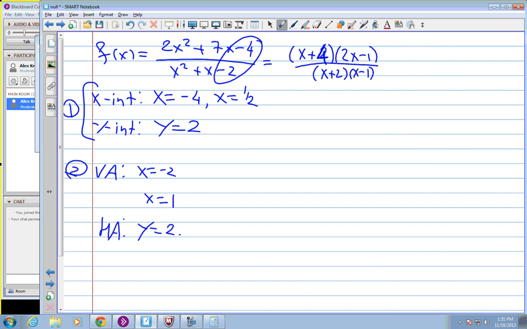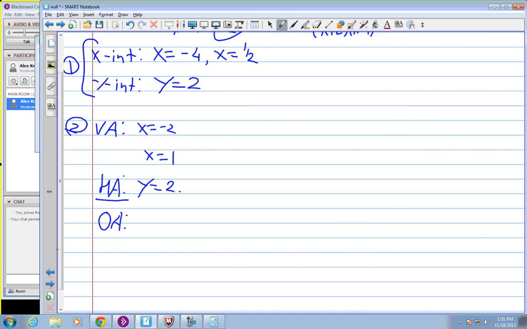Now remember, if the numerator degree is less, then the asymptote is 0. If the numerator is greater, you don't have a horizontal asymptote. The next question was to find the oblique asymptotes. Well, you cannot have both. If you have a horizontal asymptote, there's no oblique asymptote. When does the oblique asymptote happen? How do we know that?